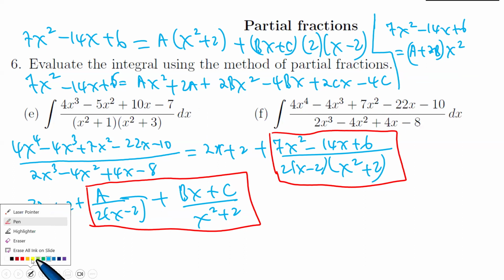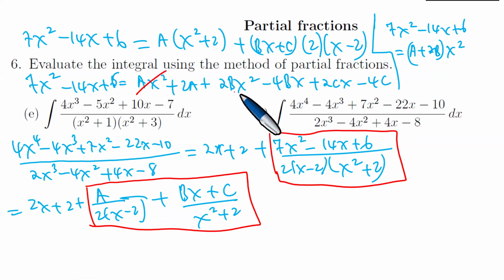Then these two will cancel out. 2C minus 4B.